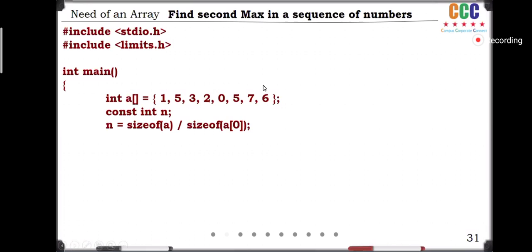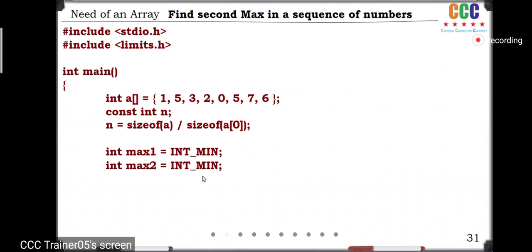You don't know if the company's compiler is checking int for 8 or 4 or 2 bytes. Different compilers will specify different things. So for that, what do we do? We just declare max1 as INT_MIN here. What is INT_MIN? Whatever is the minimum integer number possible on that compiler will be stored in max1. So INT_MIN. And then max2 is also INT_MIN.